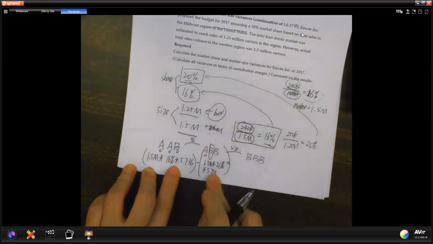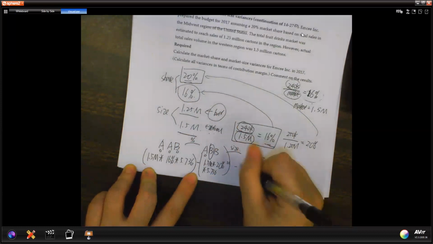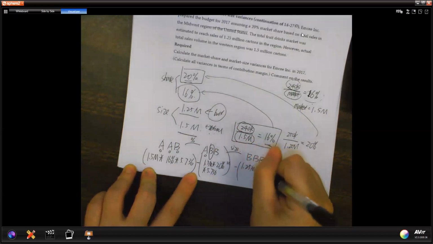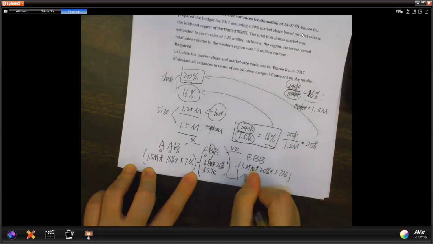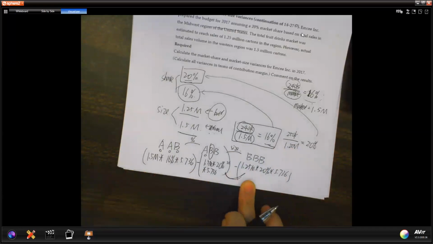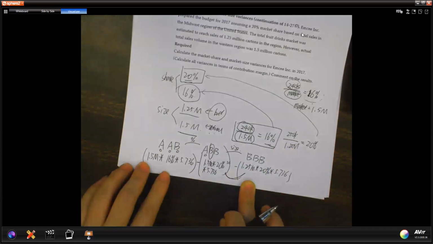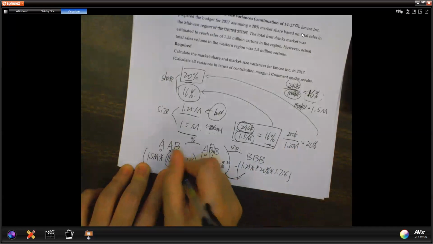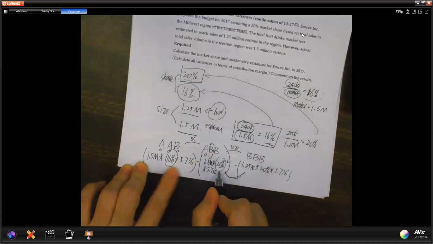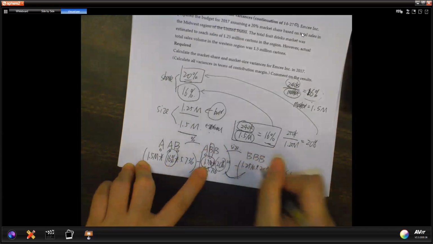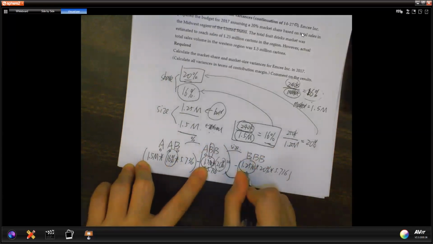The difference of these two is your market share variance. Then we take our budgeted 1.25 million times budgeted 20% times 5.736. The difference of these two gives you the market size variance. You can even look at the numbers. Your actual is 16%, budgeted is 20%, so that will definitely be unfavorable. Your actual is 1.5, budgeted is 1.25. That's definitely a favorable market size variance.